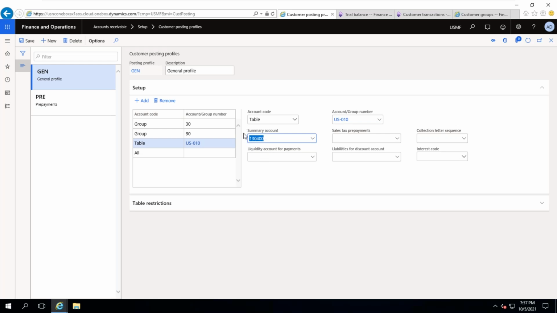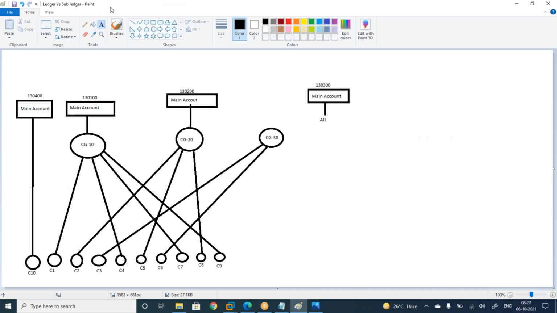First one is table. Even though US010 has a customer group, it also has one customer group, but the system will not look at the customer group level mapping.